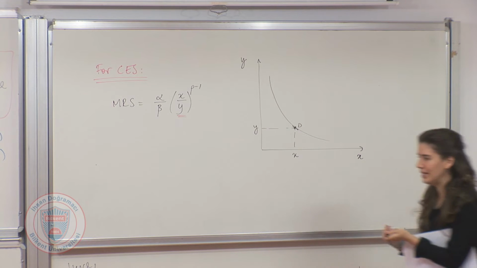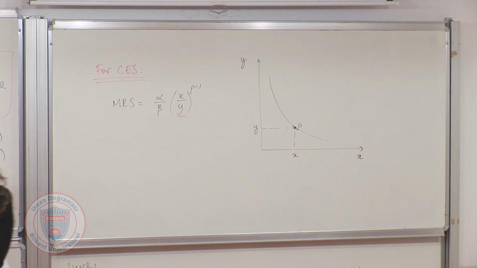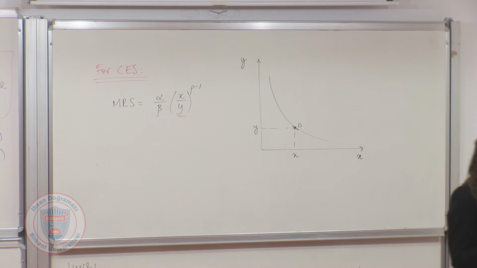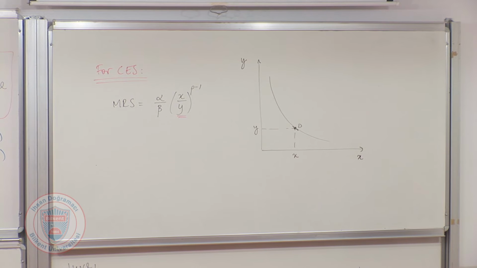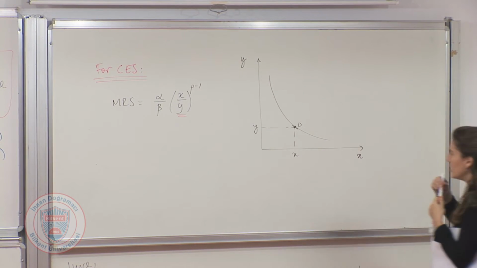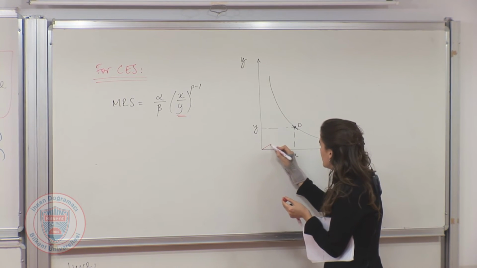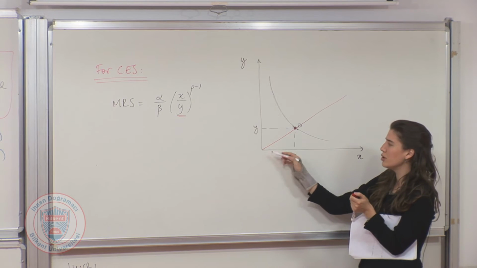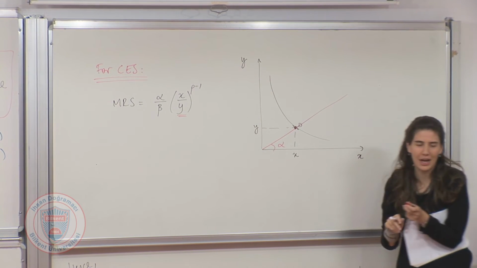Now, let me draw you a ray. What is a ray? Do you remember? How was it different from any line? It goes through the origin, right? So what is the slope of this? Let's call this alpha.